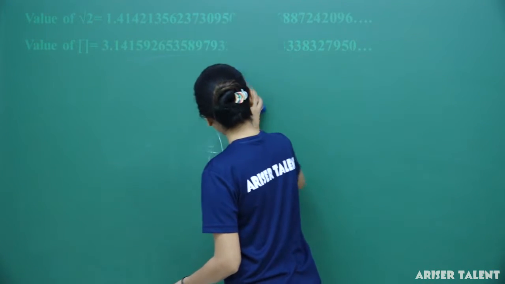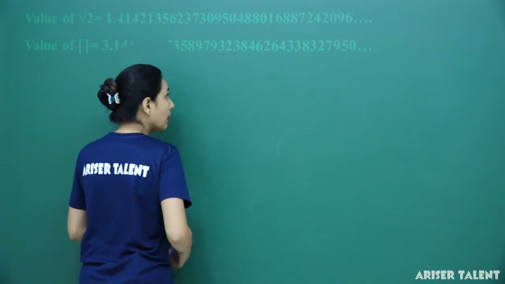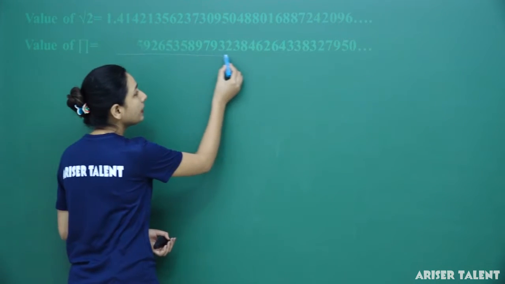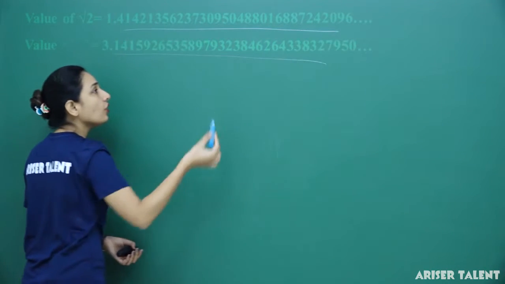Now what kind of values are they? I have told you nothing is repeating here and also here, and it is not even terminating.